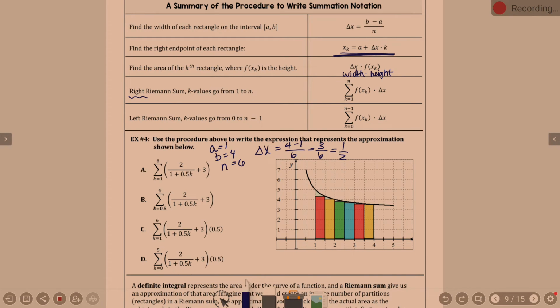Step 2, we need to know what x of k is, which is what I'm going to plug into whatever the function is going to be: a plus delta x times k. So my x of k value is going to be a, which is 1, plus delta x, which is 1/2, times k. So there's my x of k value.